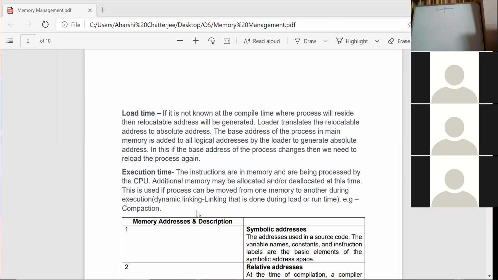Then the next step, this source file goes through the compiler or assembler. Then the file which is generated is known as object file or object module, whatever you say.